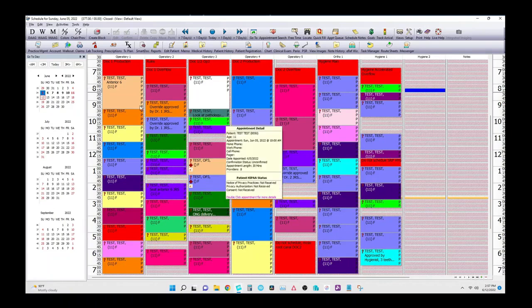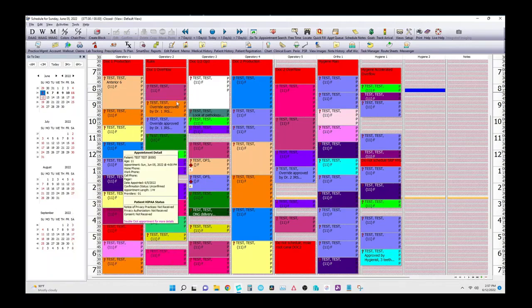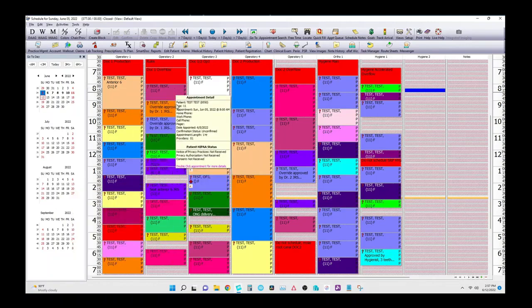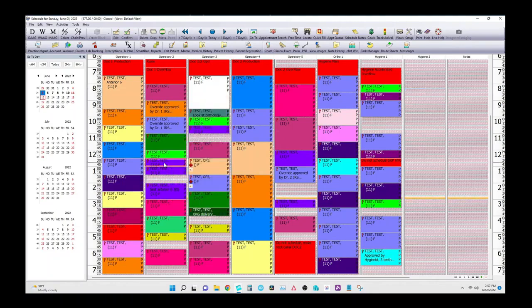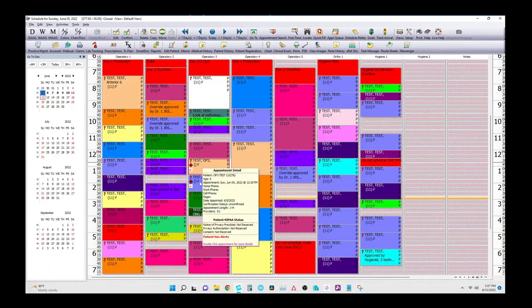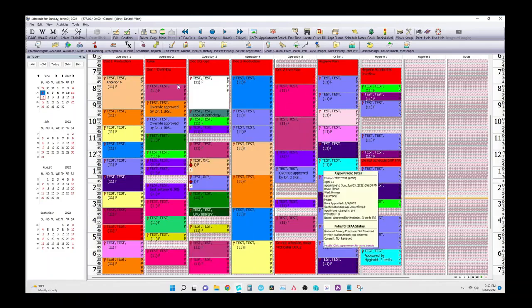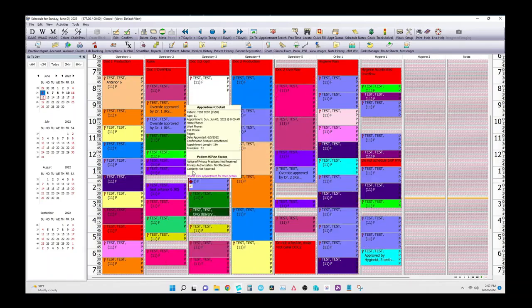You're going to see again for our first rule, all appointments are set to 1 hour. All shortened appointments are set to a half an hour. So here is a child Prophy, here's a crown seat. They're all set to a half an hour, okay? You're going to see here OP3 patients are only scheduled in OP3. There's no OP3 patients outside of Operatory 3, okay?